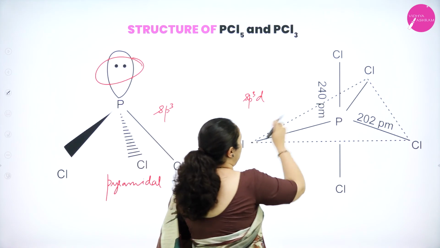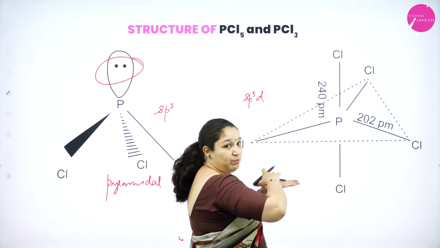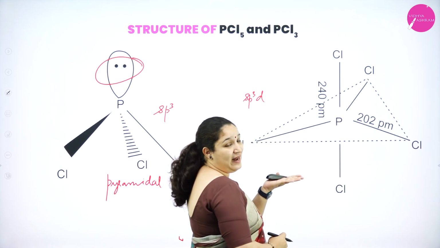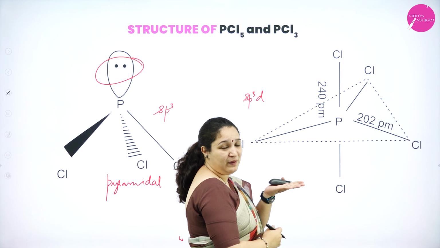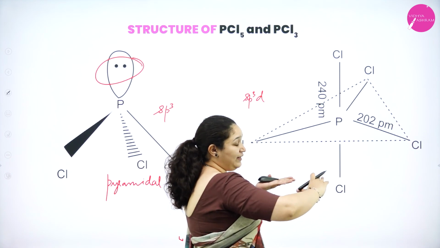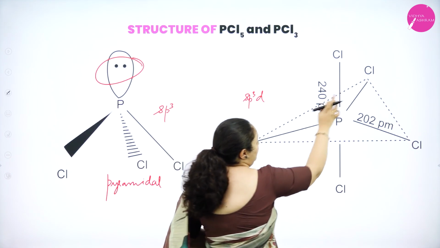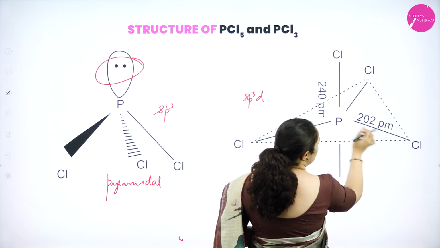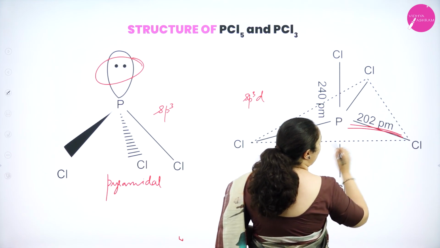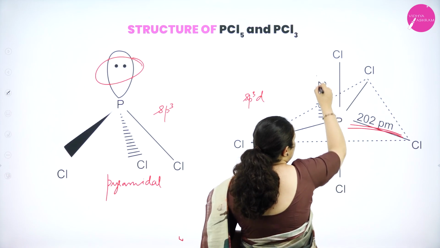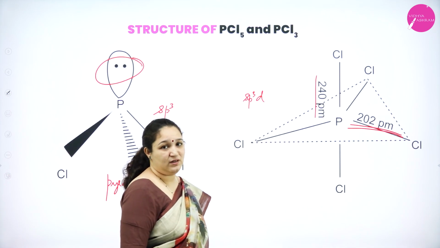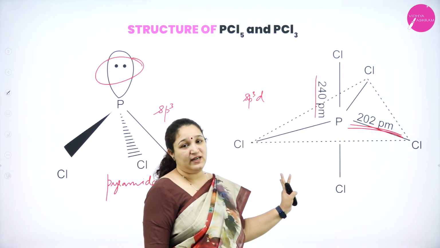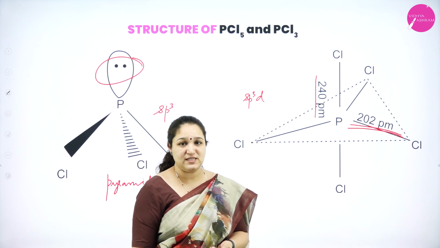You can see 3 chlorine atoms are in the plane, and you have 2 more chlorine atoms above and below the plane. Okay, so in the equator you have 3. So 1, 2 and 3, and here you can see the bond length is 202 picometer, whereas this is 240 picometer. And in detail you all have studied about this in your first year, isn't it?